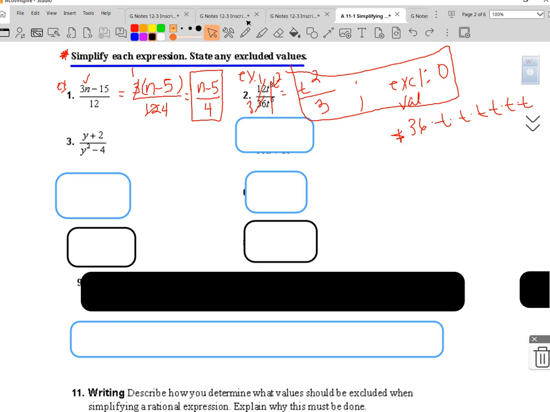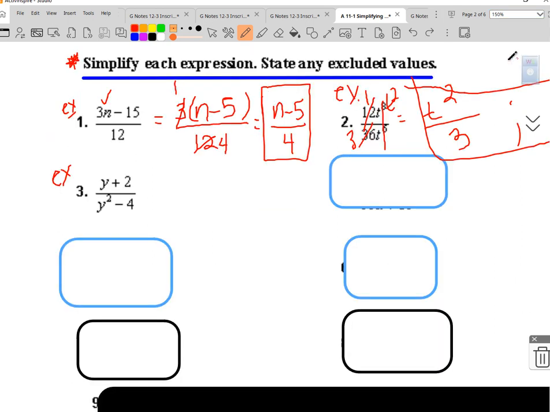Do sample 3. Y plus 2 over y squared minus 4. Step 1 says to do what?